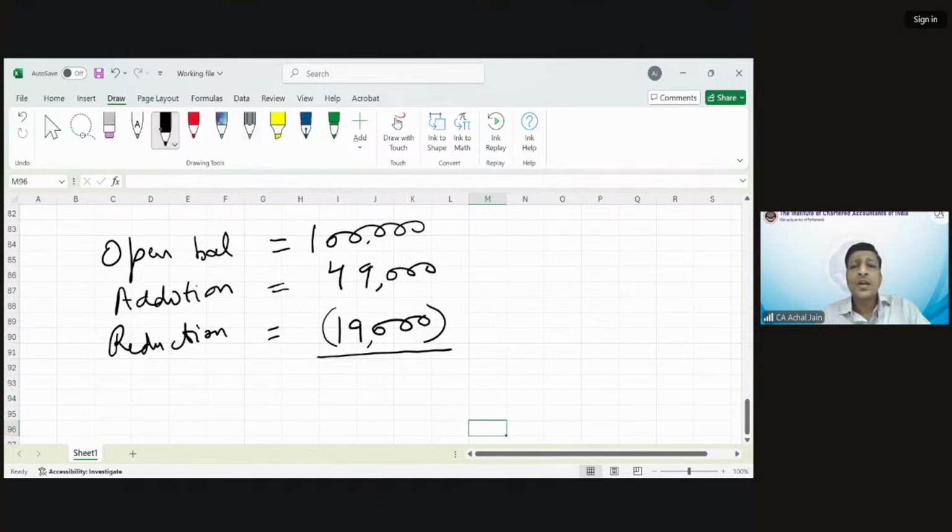Yes or no? So what should be the closing balance if you go by this information? Tell me, what should be the closing balance on the basis of this? If you try to calculate it the way I have just put it down, it comes out to 1,30,000.